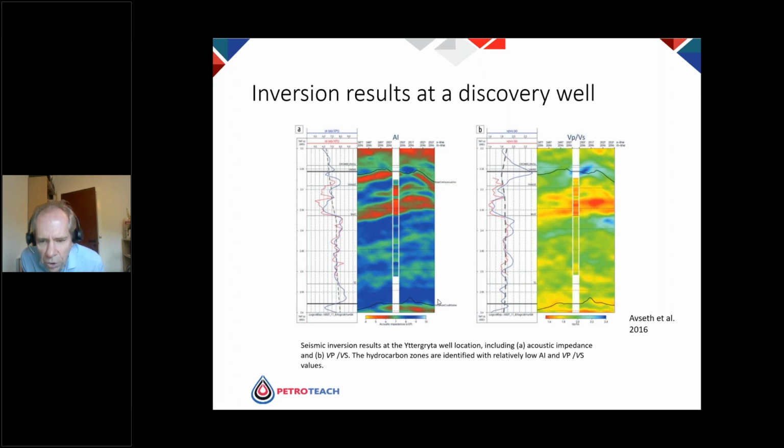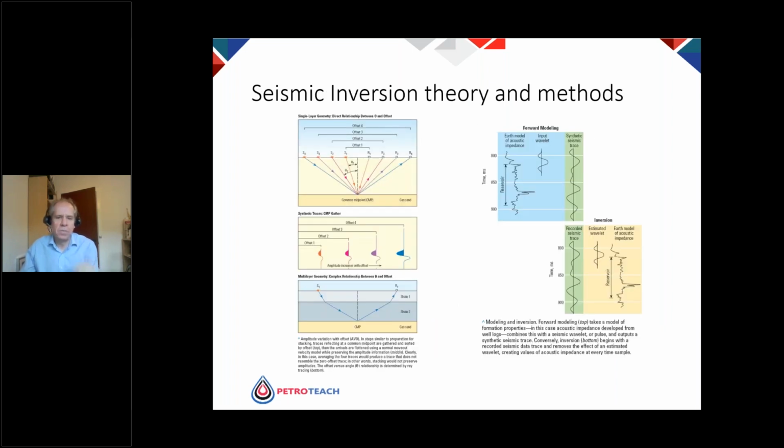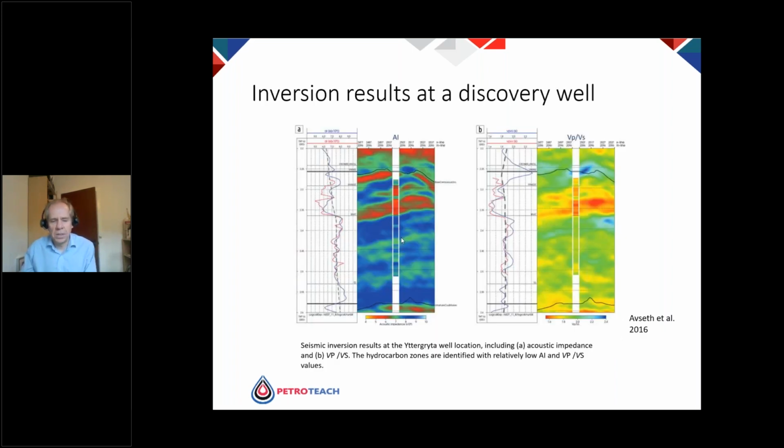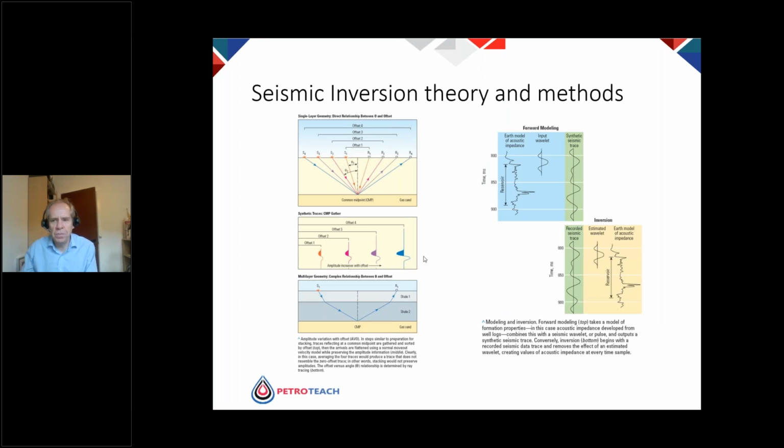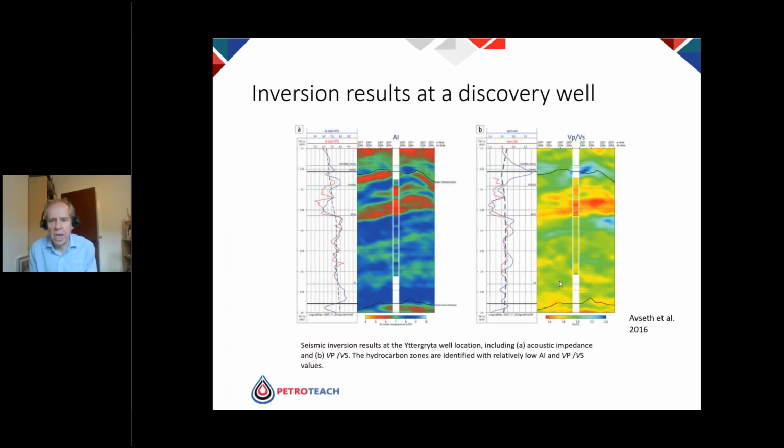So what I'm looking for are VP-VS anomalies. I can maybe get things like porosity from my acoustic impedance, but if I want any idea about saturation, I need to use AVO data. So I need to have gathers, I need to have wide enough angles, and then hopefully what I can get out is VP-VS.